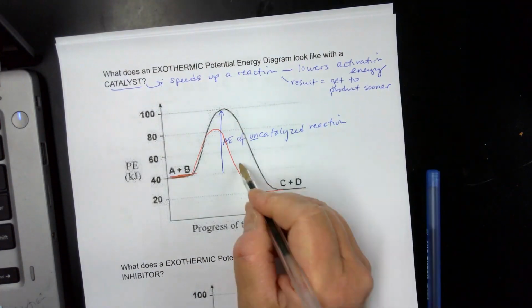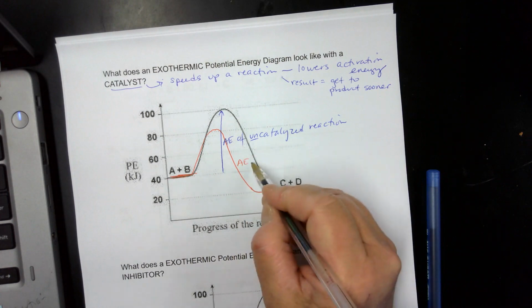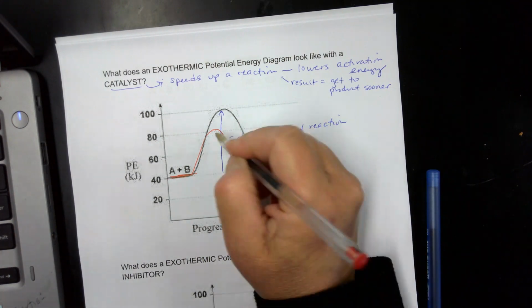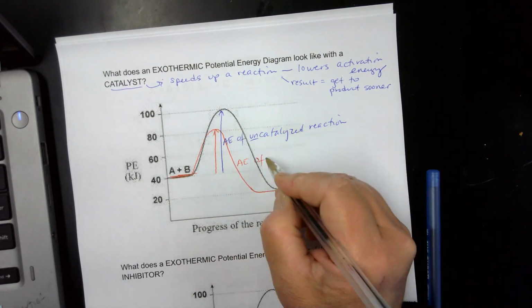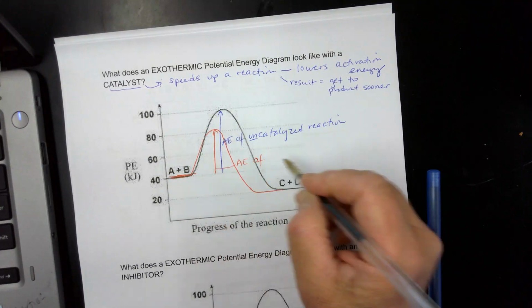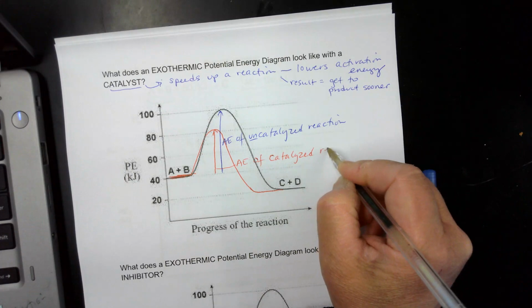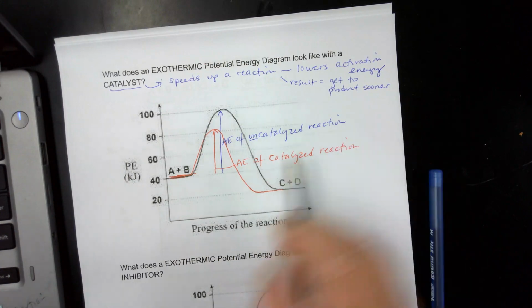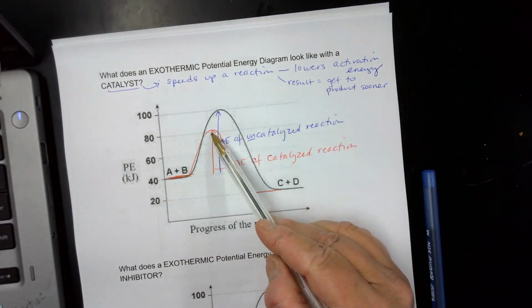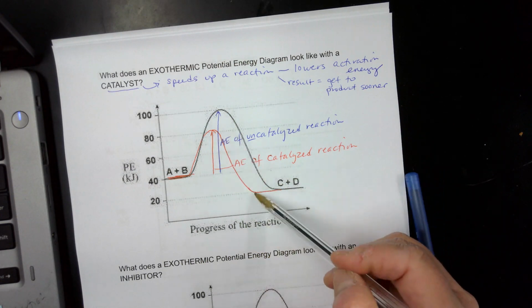This arrow right here is the activation energy of the catalyzed reaction. Two things happened here: it lowered the activation energy and it got to the product sooner in time.